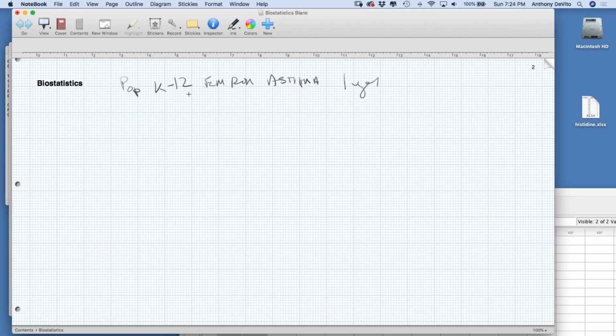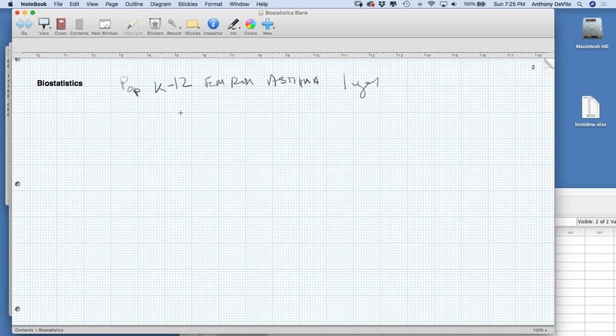So in New York City, I would guess there's hundreds of thousands of kids in that age range in elementary schools in New York City. We certainly have enough schools.